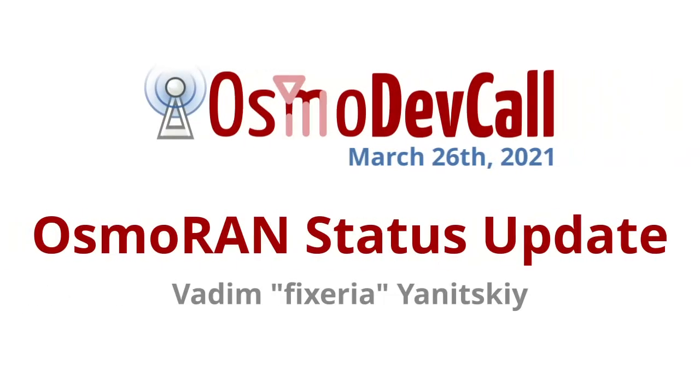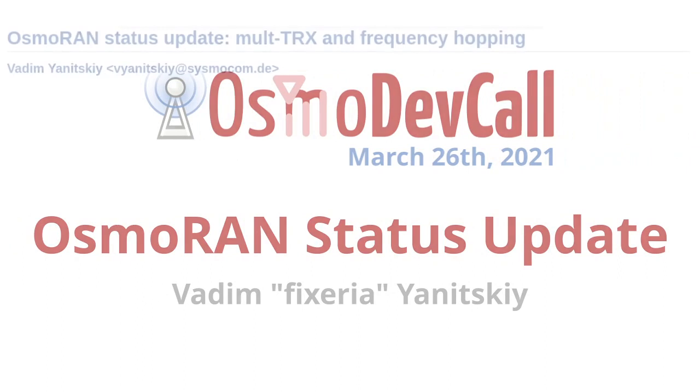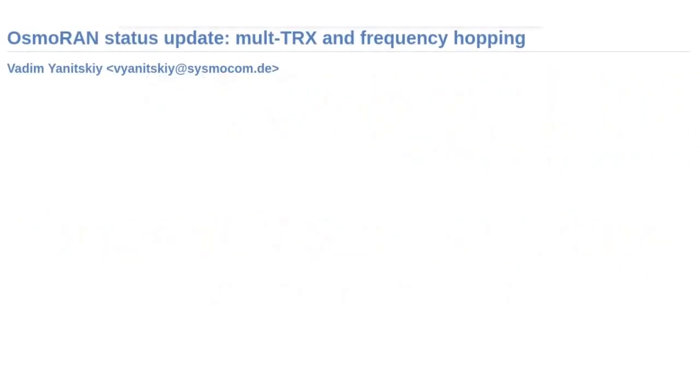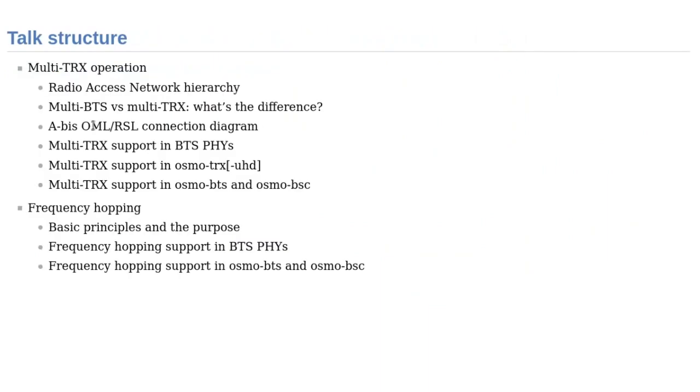My name is Vadim Yanitskiy, and today I will give you an introduction into the recent changes that we implemented for the Osmo radio access network stack. This topic covers two major parts.